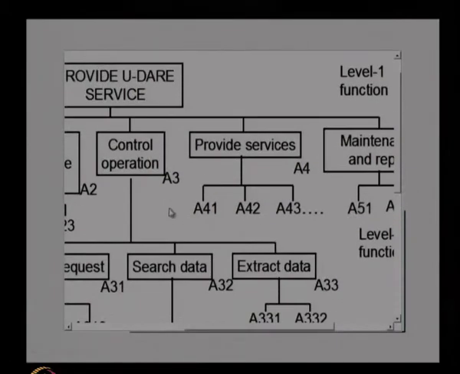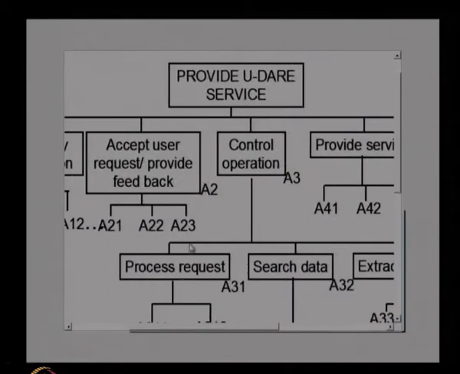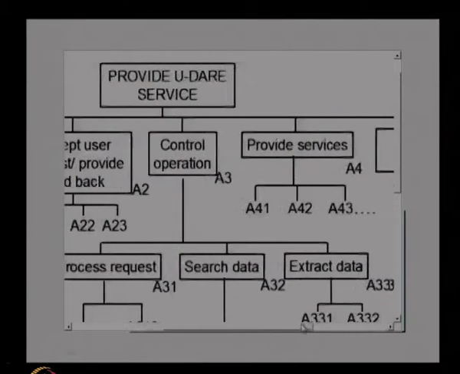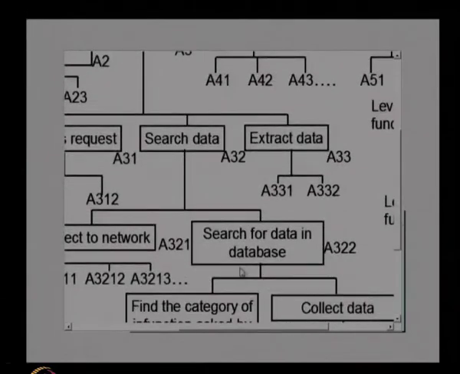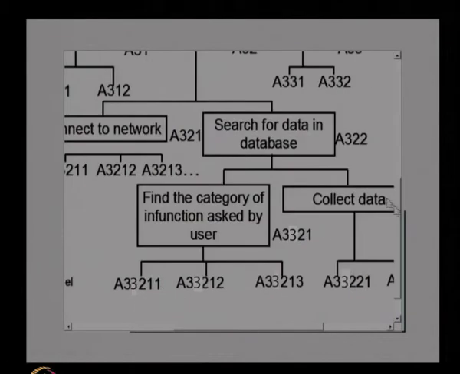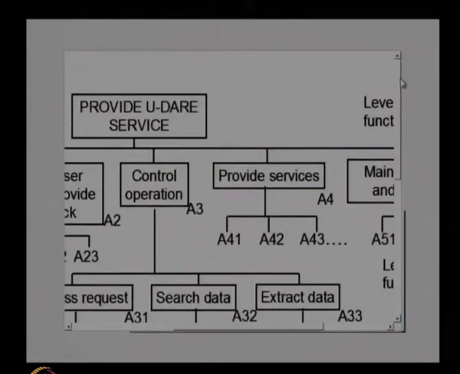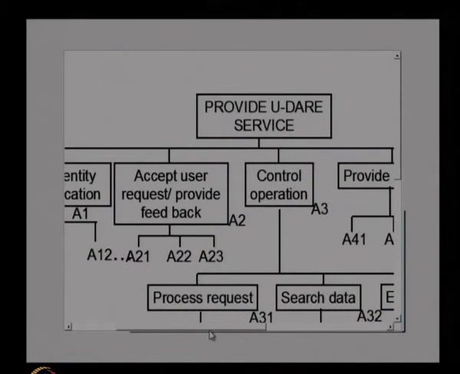We take one example here, A3, which has many sub functions identified: A31, A32, A33, and then A32 has been decomposed further into A321, A322, and like that. All these functions can be shown in a hierarchical way, which will give the functional hierarchy of the system, and based on the functional hierarchy we can develop the physical architecture.